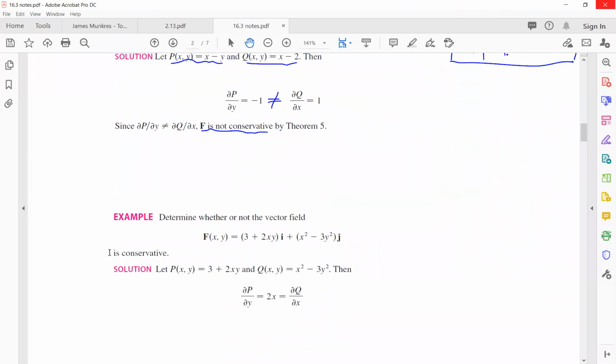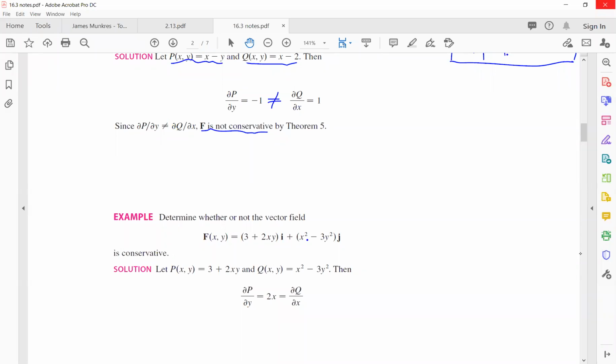Next example. Now you have a vector valued function, 3 plus 2xy, comma, x squared minus 3y squared. Is this a conservative function? Very well. Now we feel comfortable finding P and Q, taking the partial derivative with respect to y and with respect to x. The partial derivative of P with respect to y is 2x.